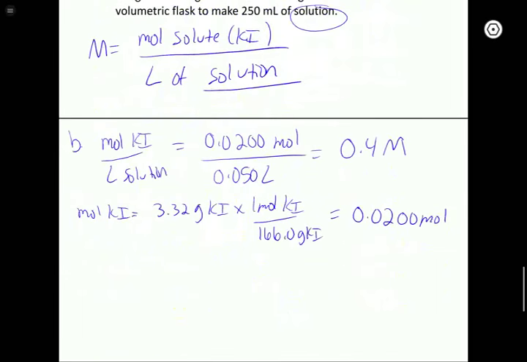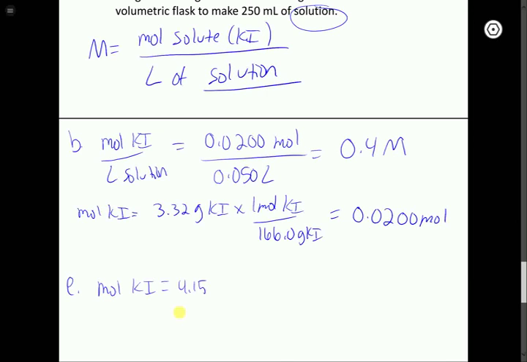And if we look at the numbers given to us in choice E, the moles of KI are going to be 4.15 grams divided by the molar mass.